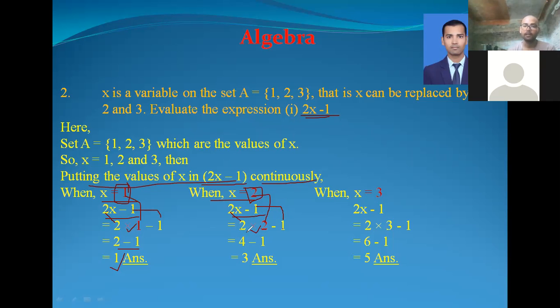Then 2 2s are 4, minus 1. After subtracting 1 from 4, we have 3 as our answer.